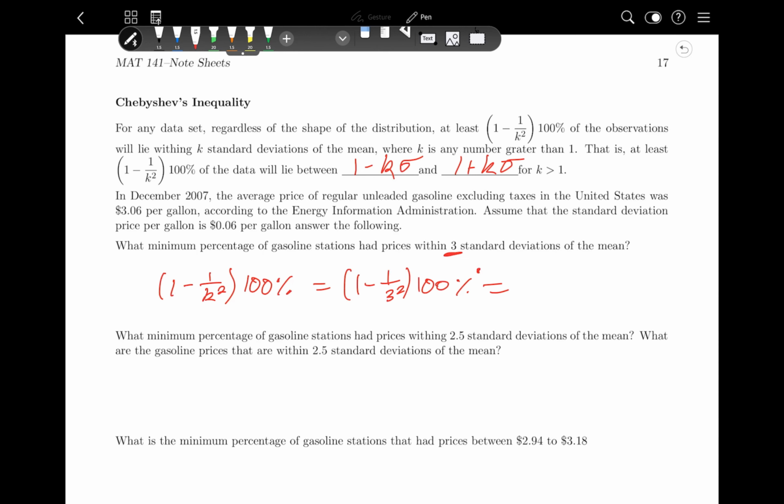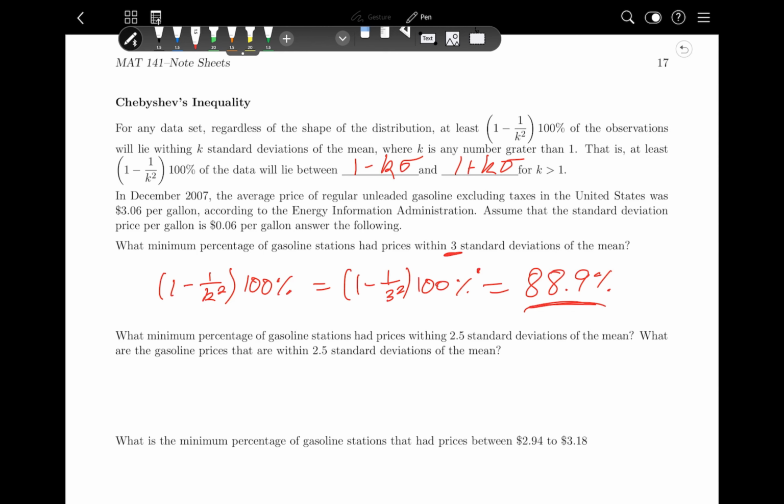When we do that, we get 88.9%. Now notice, the empirical rule says approximately 99.7% of all data should fall within 3 standard deviations of the mean when it's roughly bell-shaped. So if we don't know the shape of the distribution, we have to be less accurate. We can't assume as much data falls within 3 standard deviations of the mean.